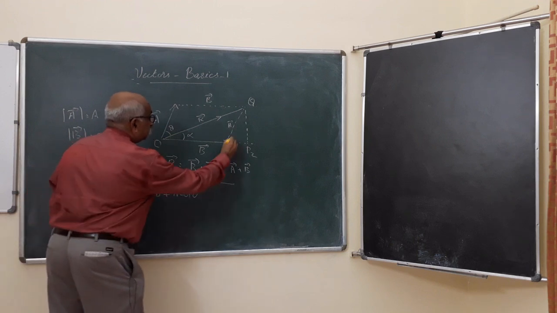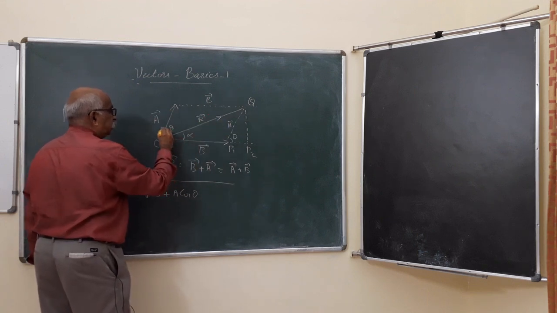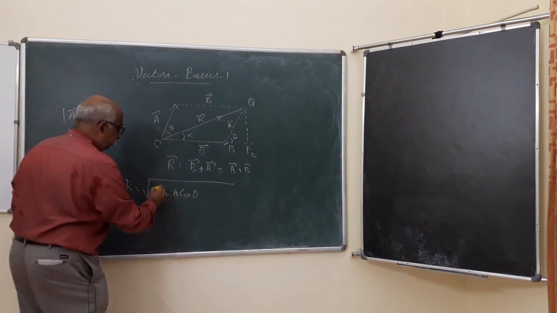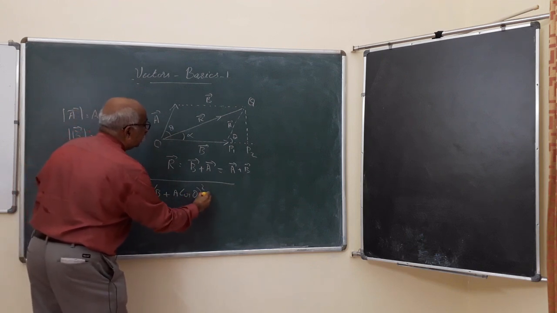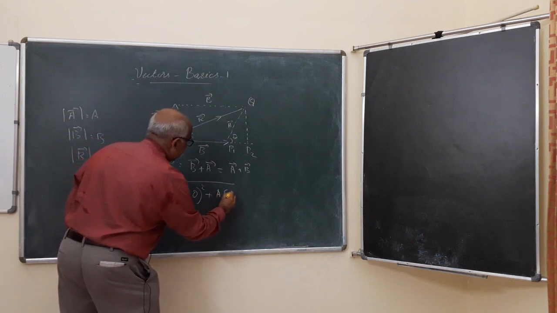Because this angle is theta, we have two parallel lines, and if this angle is theta, this also will be theta. B plus A cos theta square plus A sin theta square.